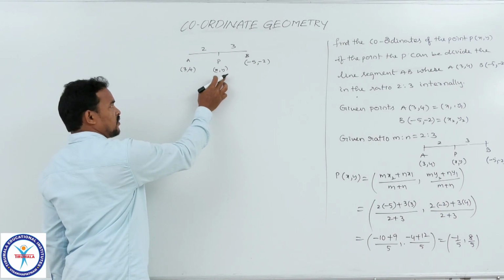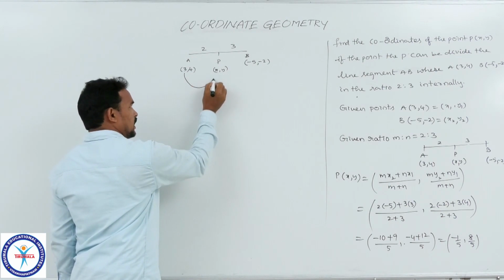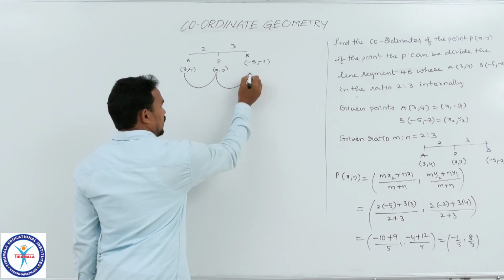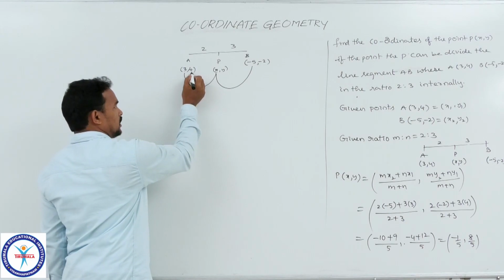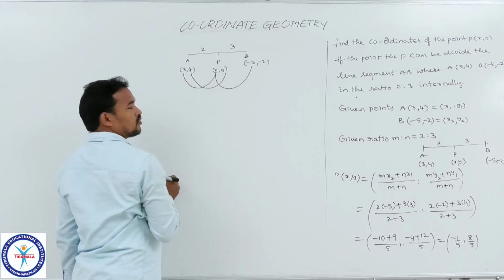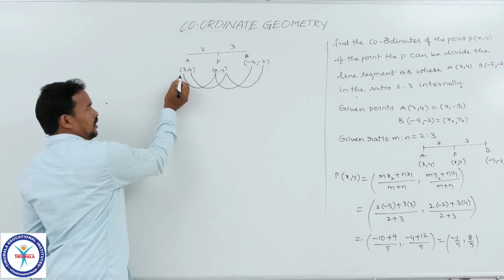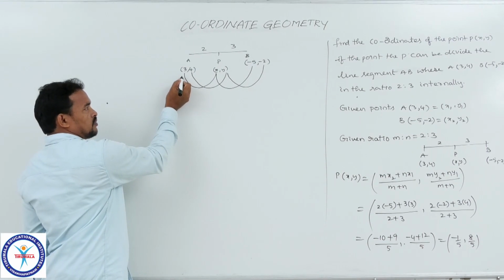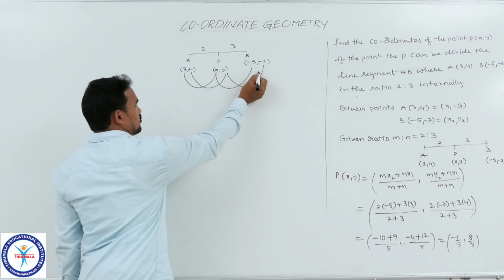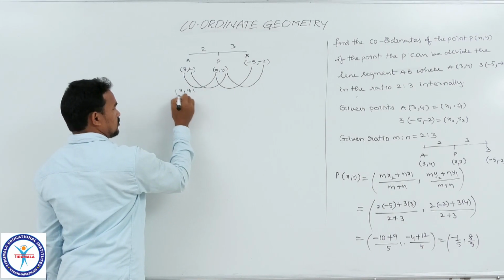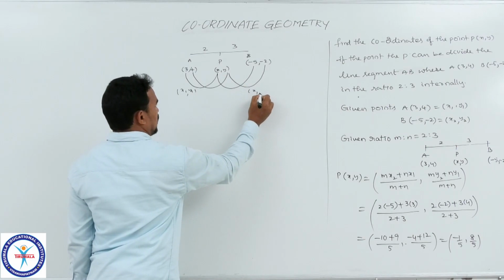Then how to find x comma y means, as I said, x1 minus x is to x minus x2, and y1 minus y is to y minus y2. It is comparing with x1 comma y1, it is comparing with x2 comma y2.